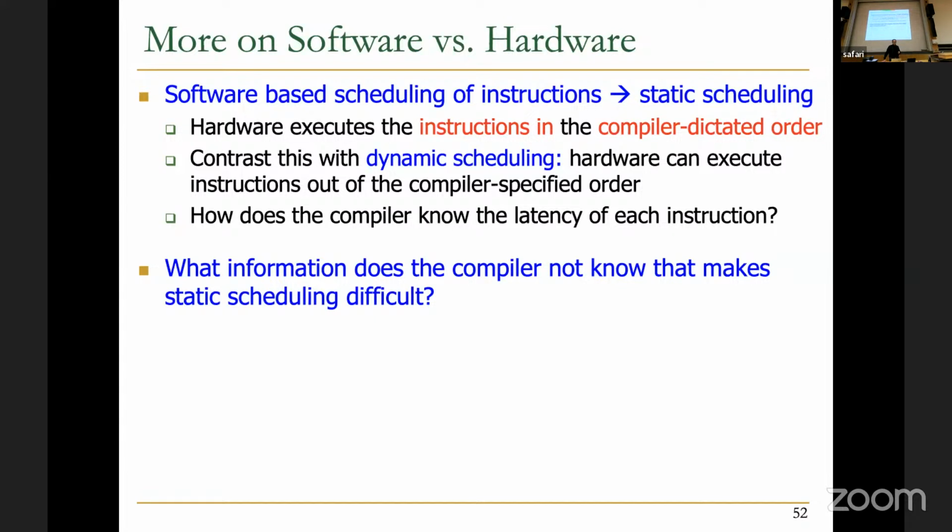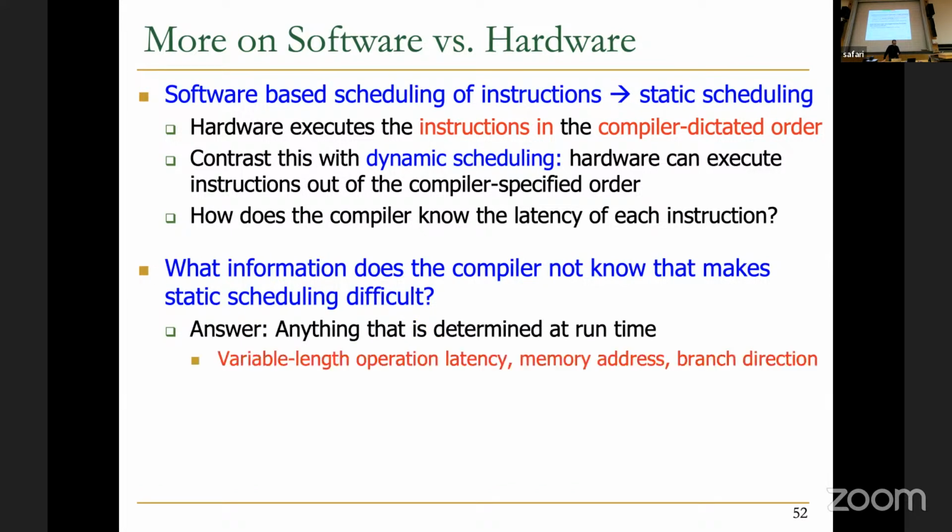It's some information that you don't know at compile time, and you know when you are executing your program. So a general answer is anything that is determined at runtime. But there are some examples, for example, variable length operation latency.